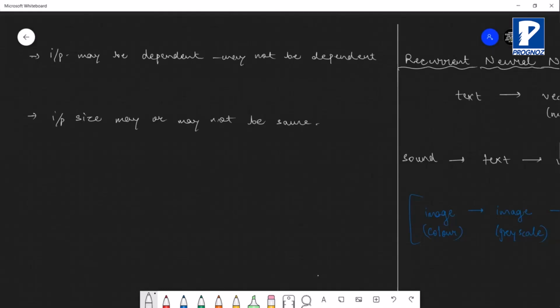If you consider the first point, which says input may be dependent, may not be dependent. For example, let's say you have statement 1 here. Statement 1 says that today is a holiday. Okay, statement 2 says today is Sunday.